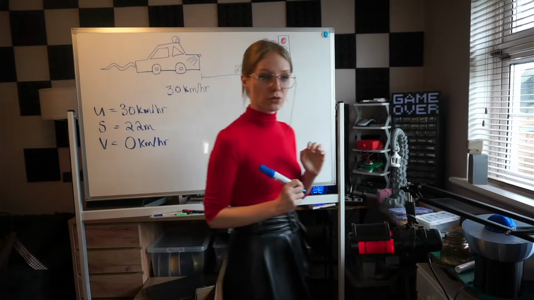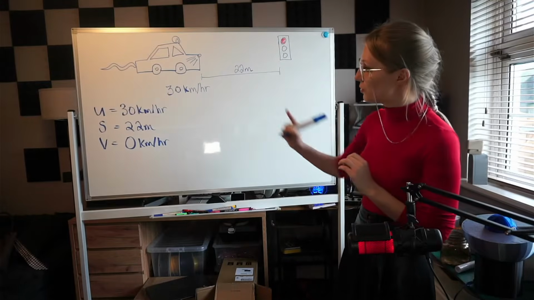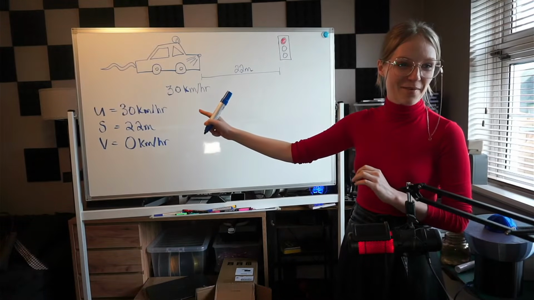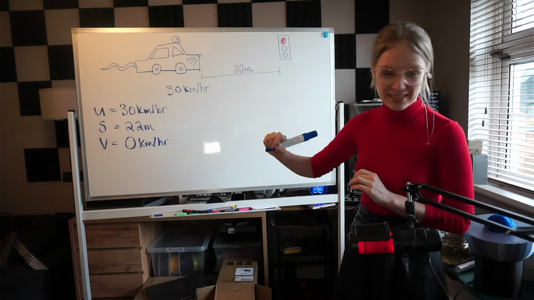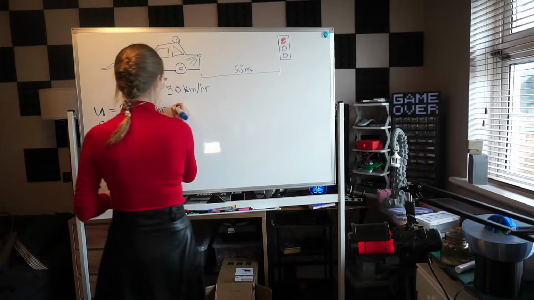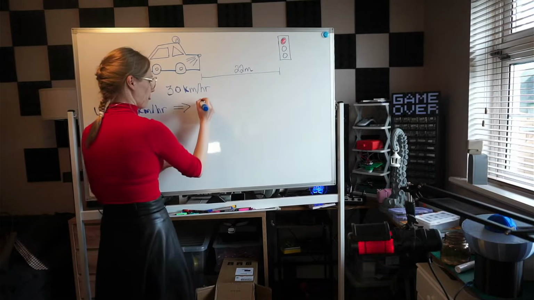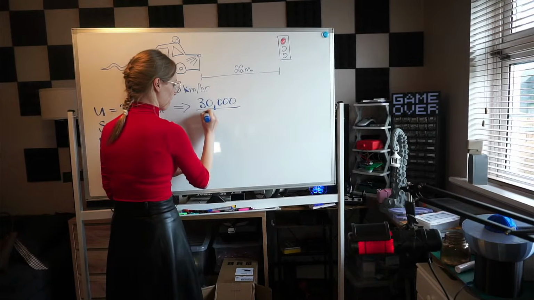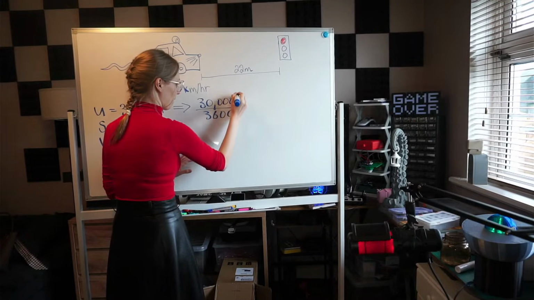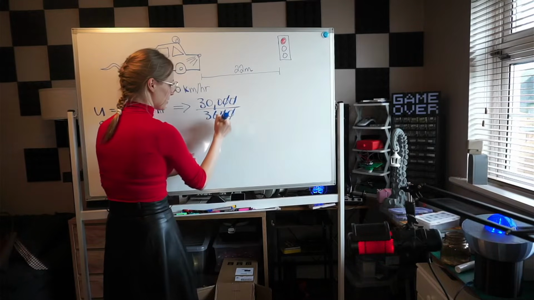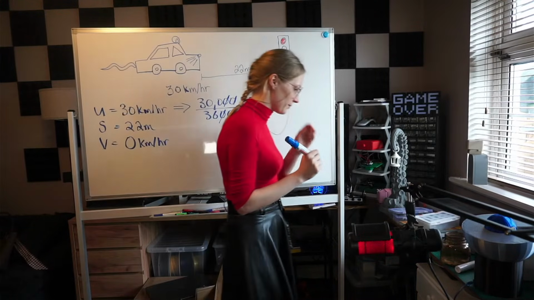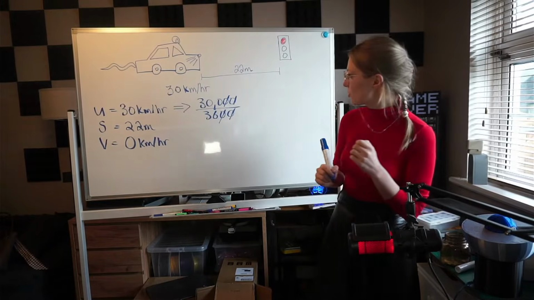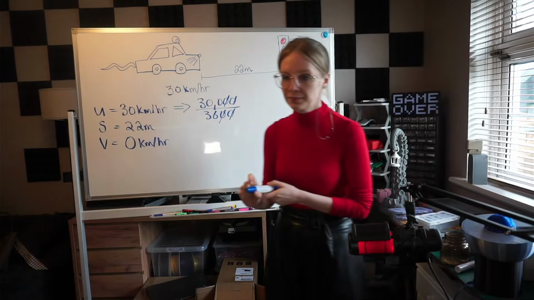So we know all those stories. Now, a quick thing that we need to do is convert 30 kilometers per hour into meters per second. Let's do that. So 300 divided by 36. Hopefully.